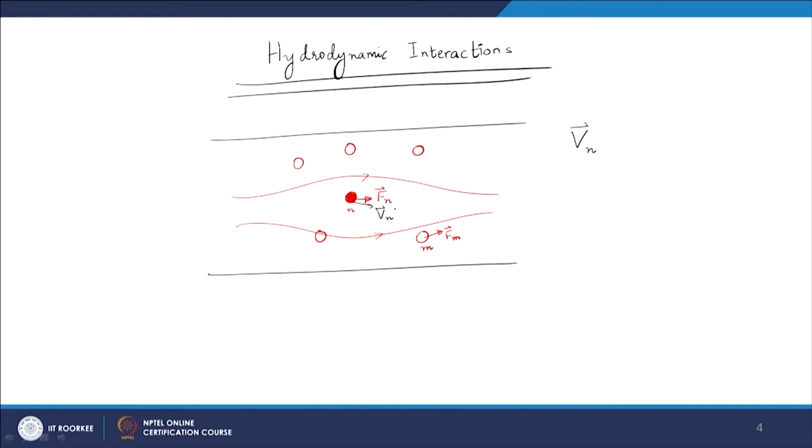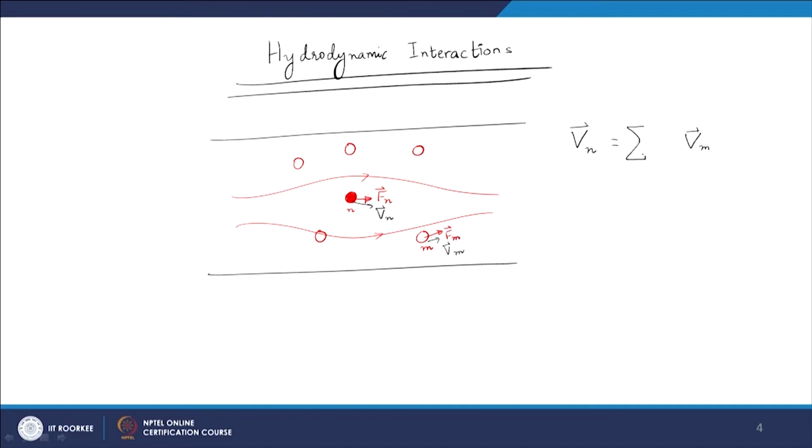of the nth bead, it must be related to the velocity of the mth bead, and in fact, it must be related to all possible values of m.